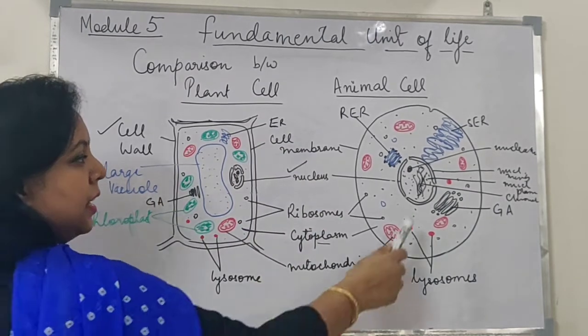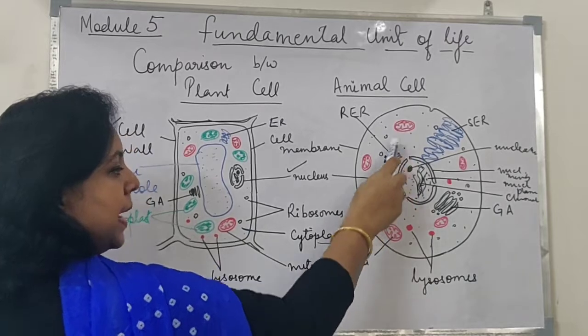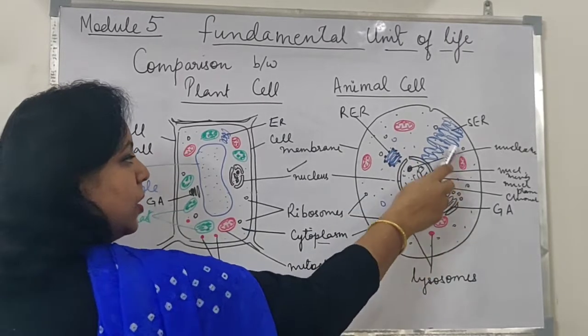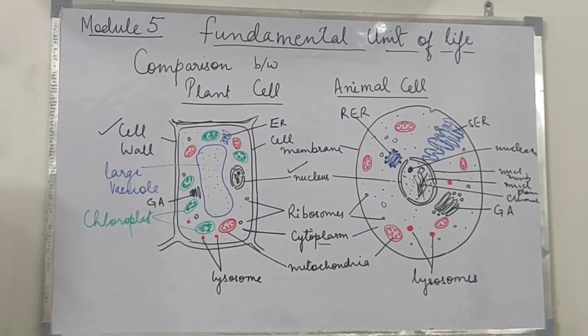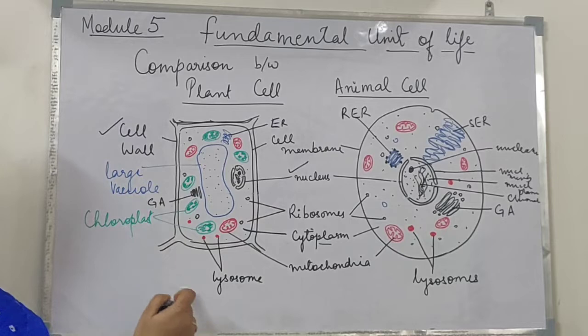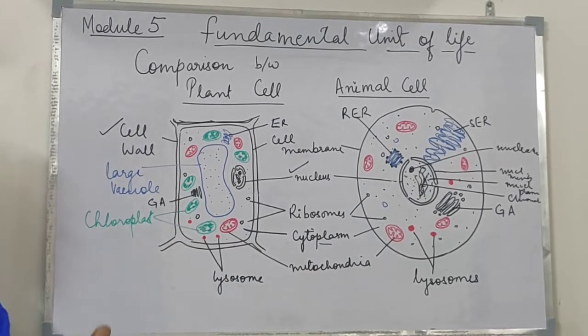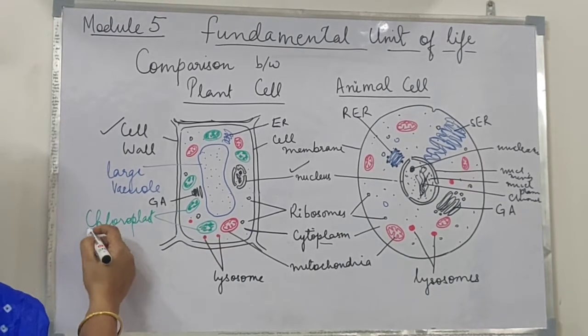If you see the animal cell, mitochondria, these red colored organelles, these are forming the largest cell organelle in case of animal cell. However, in case of plant cell, this is chloroplast, which is larger than mitochondria.